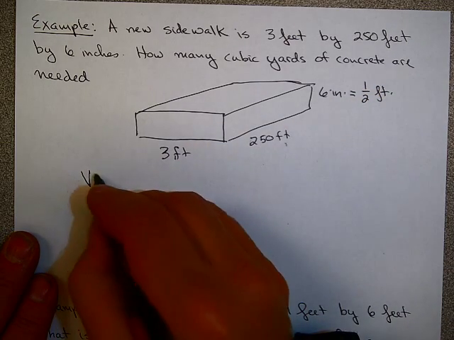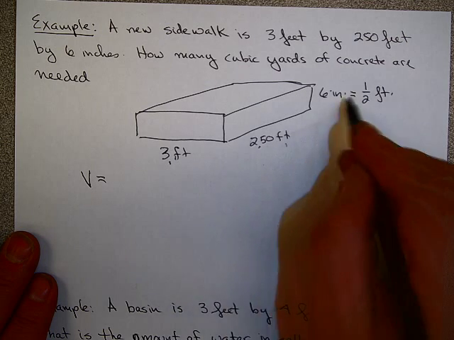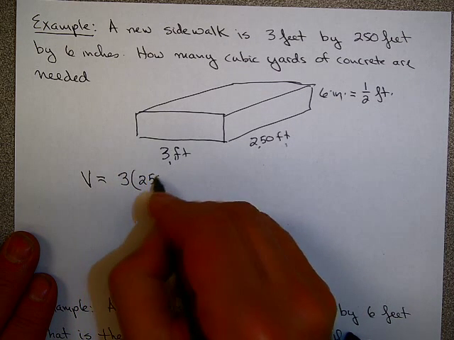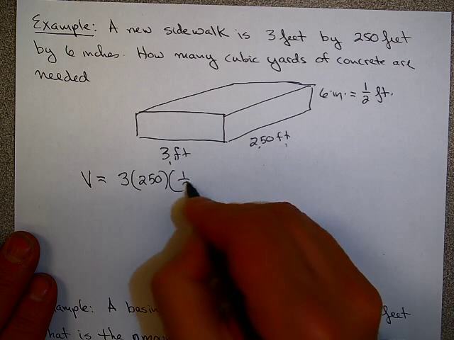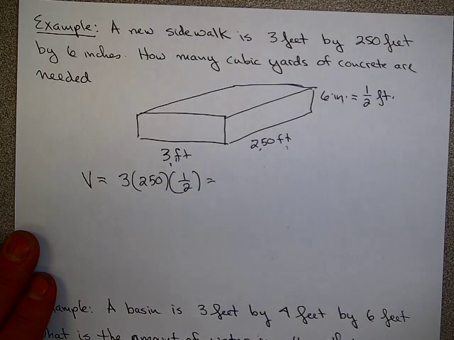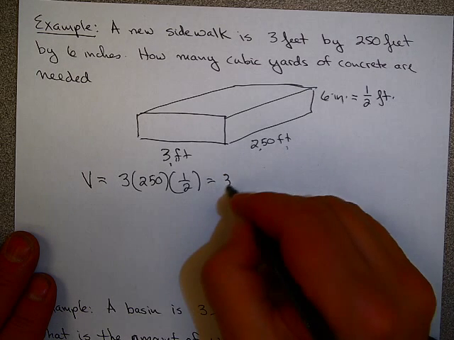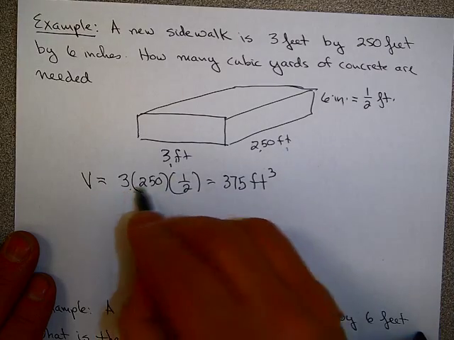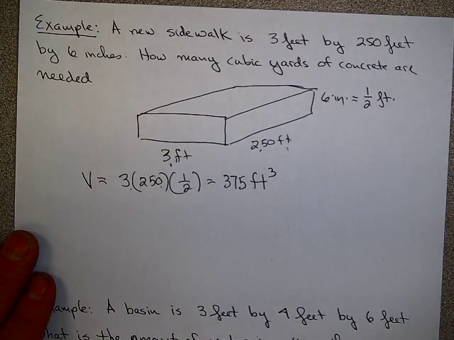And then to calculate my volume, I just do length times width times height, which is 3 times 250 times 1/2. So if I do that calculation, I end up with 375 cubic feet. Notice feet times feet times feet gives me cubic feet.